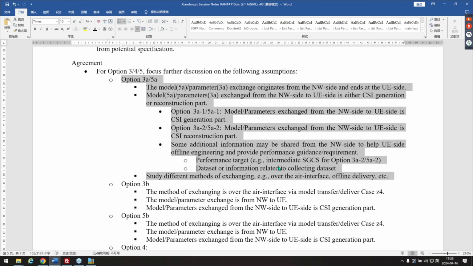So in that sense, if the network side can share some performance target based on their first step of the training, right? Because the network side trains their private encoder with the reference decoder, and then they have the validation loss, test loss from the network side. So that number could be shared to the UE side as a guidance, or maybe the requirement or the target, that the new encoder the UE side comes up with shall meet or try to meet that target performance.